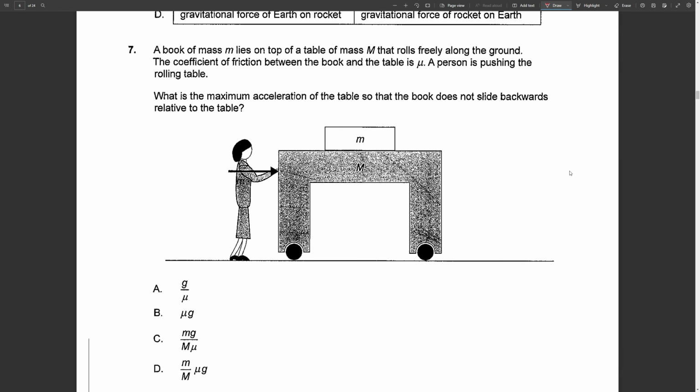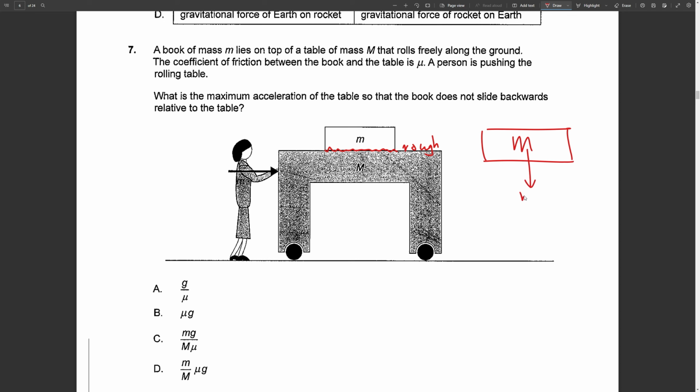In question 7, we have a trolley on rollers, which is rolling along the ground freely, which means there is no friction on the ground. But the surface between the book and the table here is rough. Therefore, there is friction acting on the book, on the small m. Let's study the forces acting on the book.